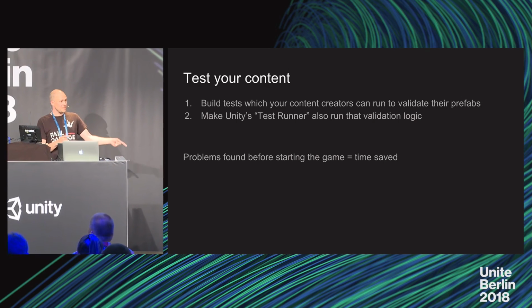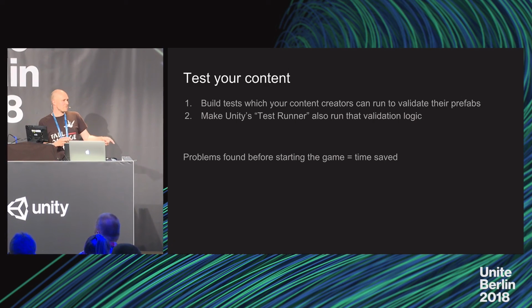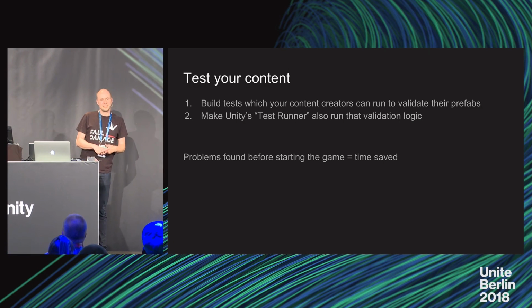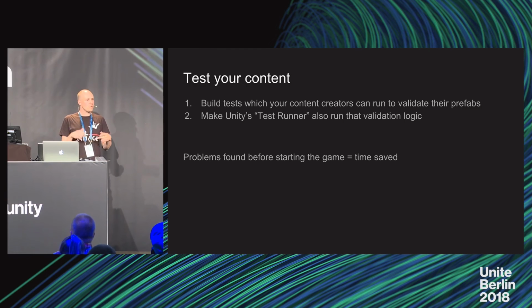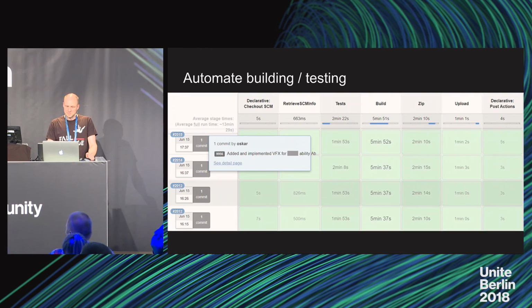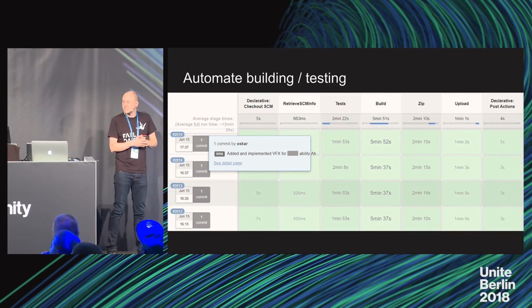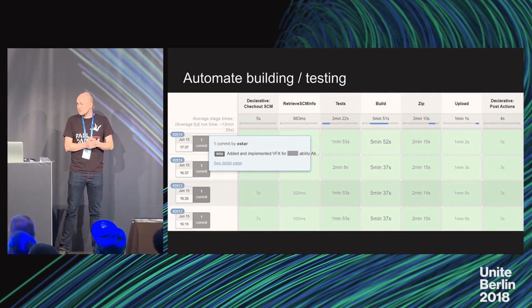And the next step after that is hook it up so that Unity test runner will also run these things. So you then get automatic retesting of these things on a regular basis. But who's going to be running the Unity test runner then? Your build system does that. This here is a screenshot of our local Jenkins deployment.